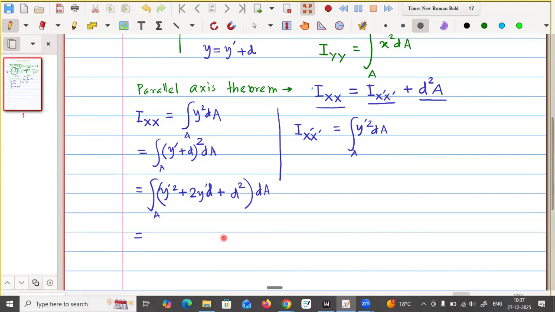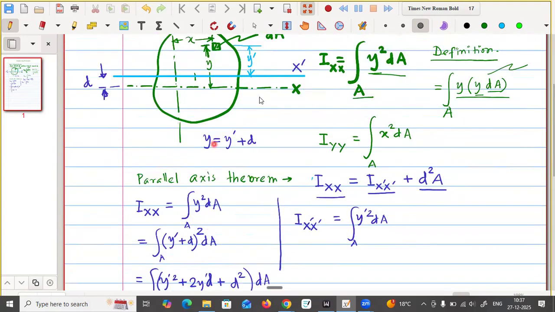Okay. Now you just distribute this. Therefore, it will be y prime square into dA over the area plus 2. Now d is constant because d is the distance between the two axes, and these axes are basically fixed.